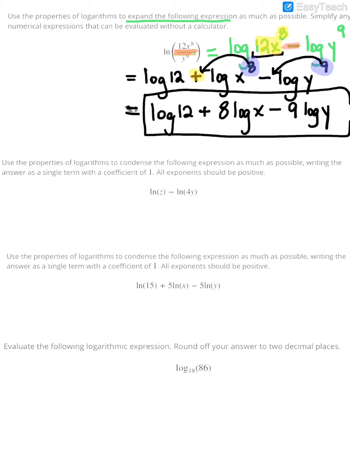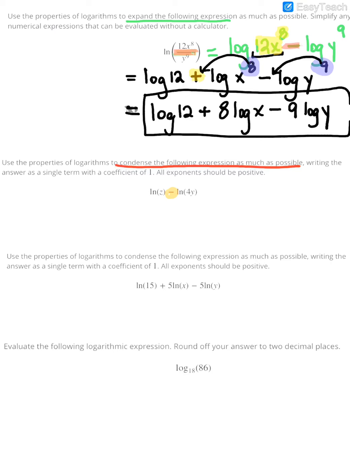Now, with this second example, notice that they are asking me to condense the expression as much as possible. So when I'm condensing, I have to look at whether the logarithms were added or subtracted. And in this particular case, they are being subtracted.